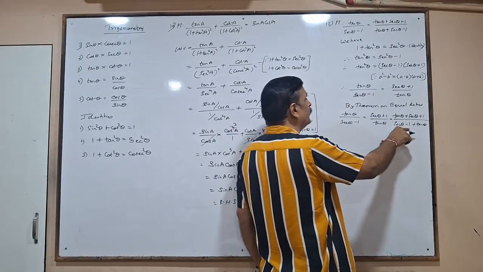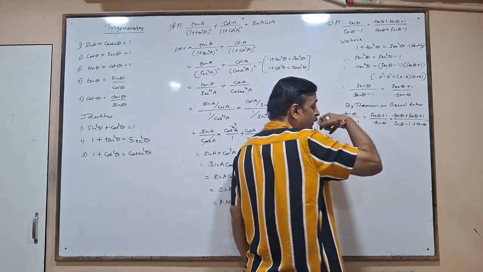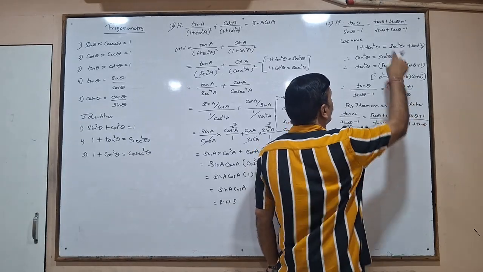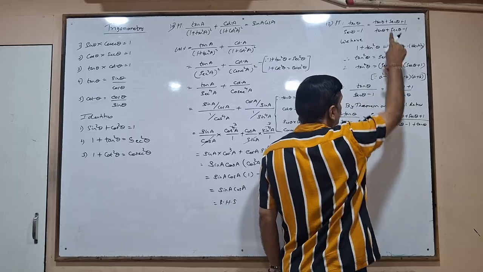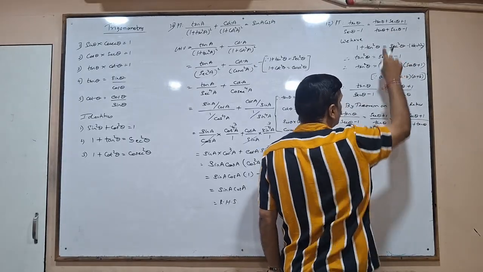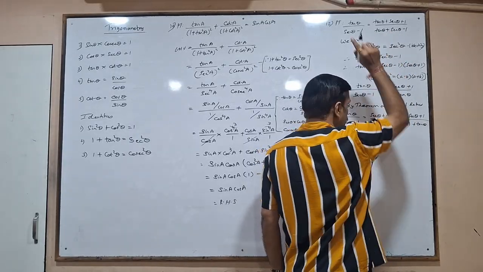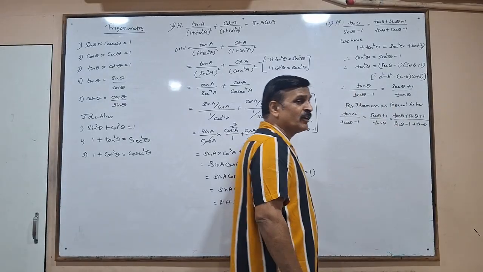Now let us compare this to the right hand side. Tan plus sec plus 1, yes it is the same. Sec is positive, sec is positive, minus 1, and tan is positive, tan is positive. The only thing is we have to shuffle it.